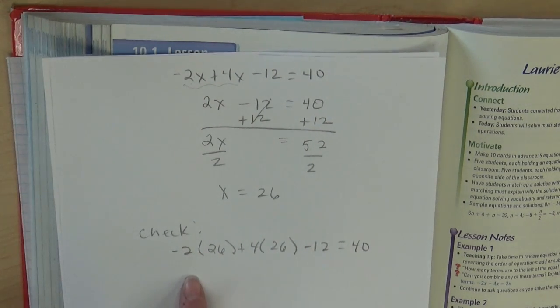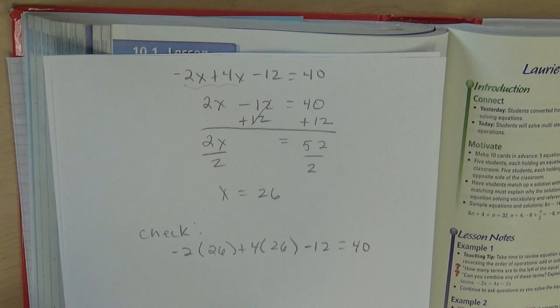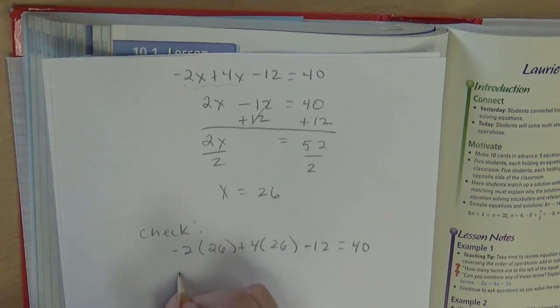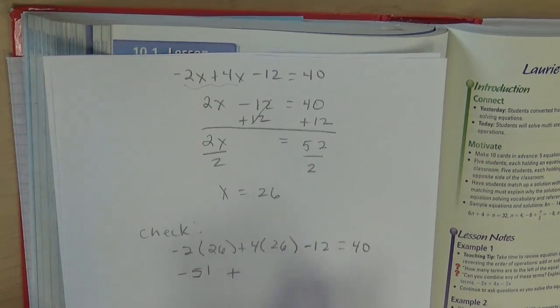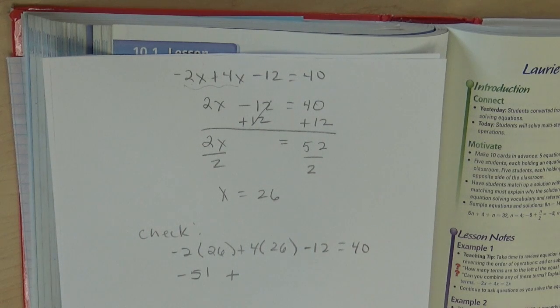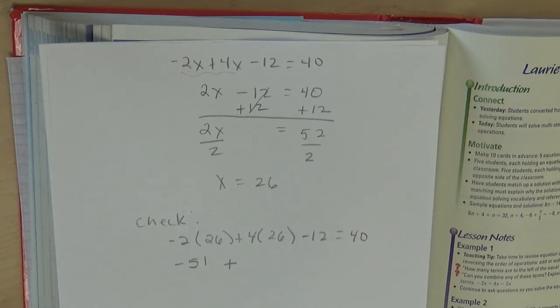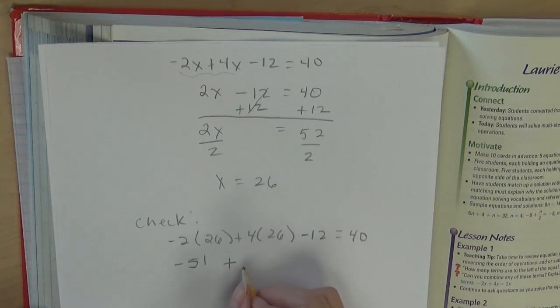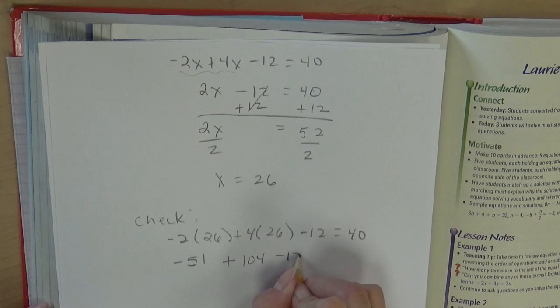And then I can multiply that. You can grab your calculator if you need to, but 26 times 4 is going to give me 104. Okay, 104 minus 12 equals 40.